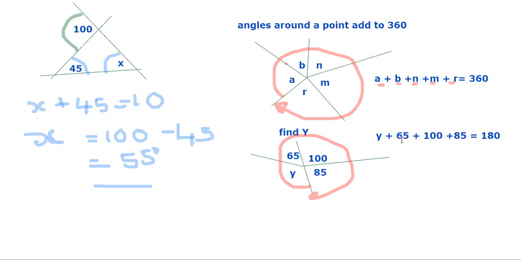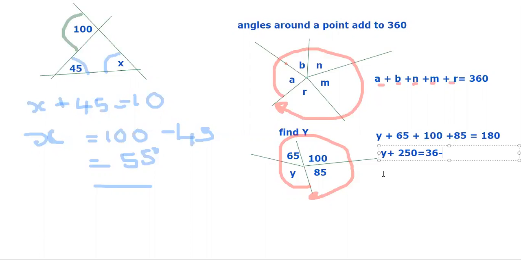So what is the answer? Y plus this 65 plus 85, that is 150, plus 100, that is 250. So this will be 250 equals 360.